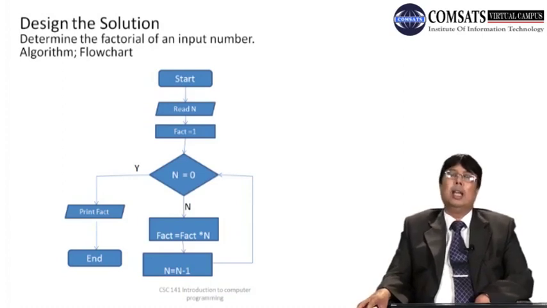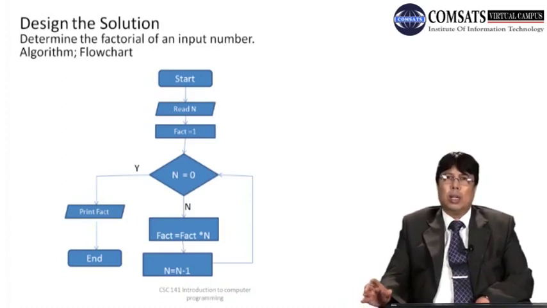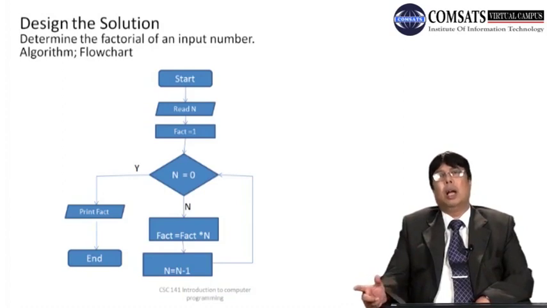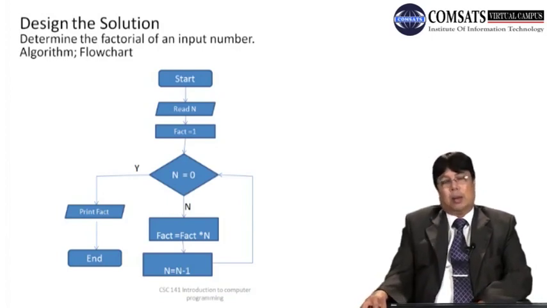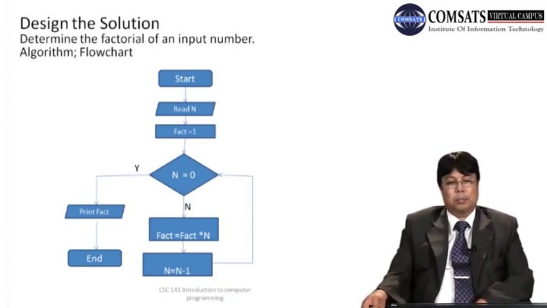So you can use any number of variables you like, or you can assign any name to any variable. तो यहाँ पर हमने factorial को fact का नाम दे दिया, short कर दिया. If n is equal to 0, no, then we say fact is equal to fact multiplied by n. ये आप देख रहे हैं asterisk.